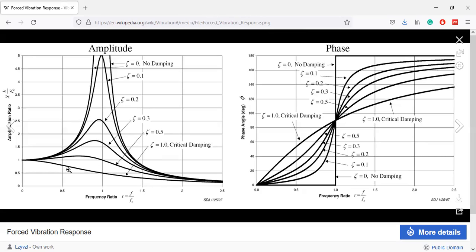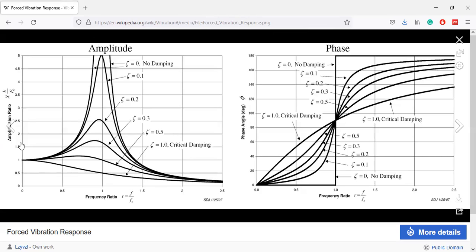Okay, and then zeta equal to 1 means critically damped. So for the critically damped case, it comes like this. So this graph is for the critically damped and underdamped cases, and also for the no damping case of simple harmonic motion.